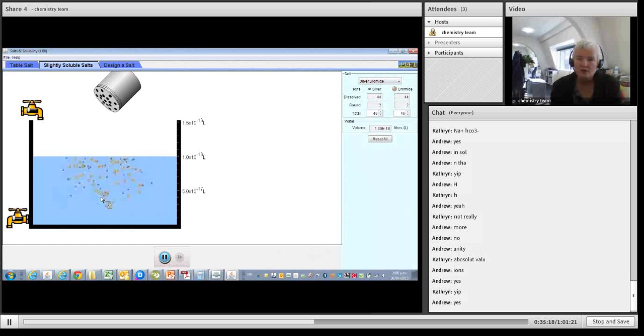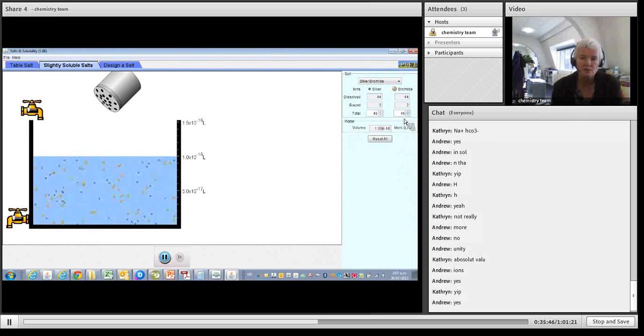Can you see it's in equilibrium, getting dissolved, coming out as a solid, but going back in again? In fact, it's now become a saturated solution because I've got a little bit undissolved. Bound means undissolved. Can you see I've got the same amount of A as well as B ions in solution?